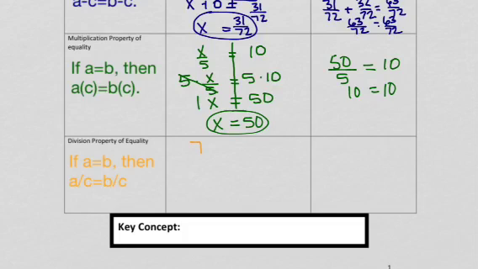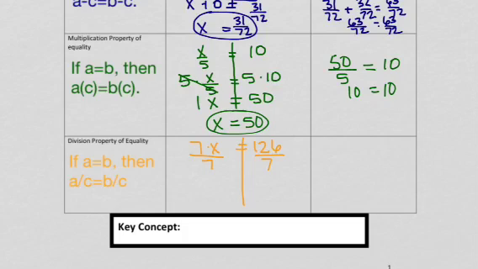So we're going to start with 7x is equal to 126. And I'm going to draw my balanced scale there. Now this time, make sure you realize that when a number is next to a variable, it means multiplication. So the inverse operation of multiplication is division, so I'm going to divide both sides by 7.